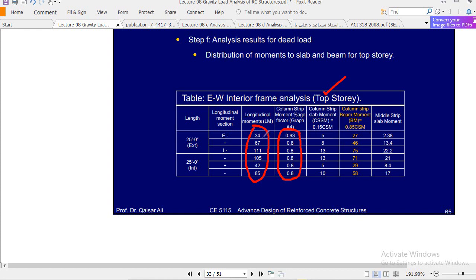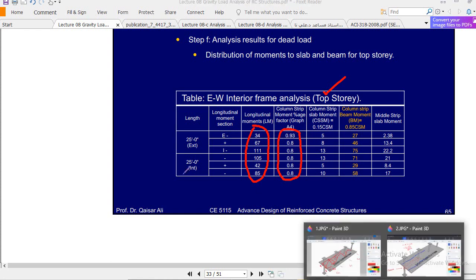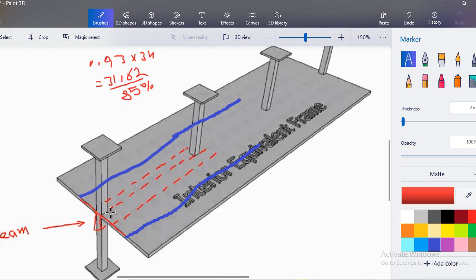This means that what they did here is multiply 0.93 with this 34, then again multiply 0.15 with the product of these two, and they got 5. So this 5 moment is absorbed in your slab.